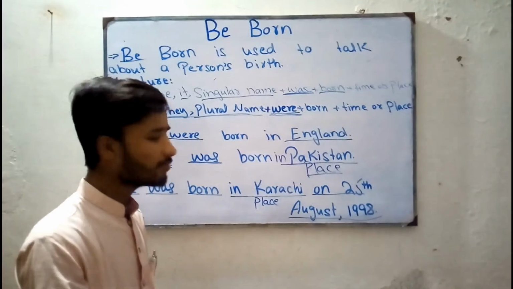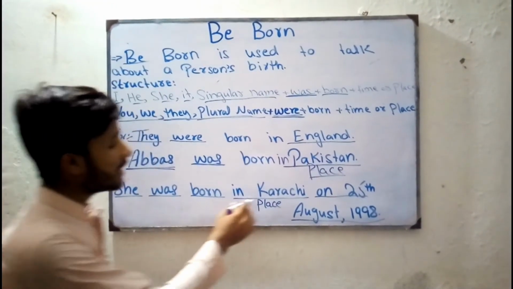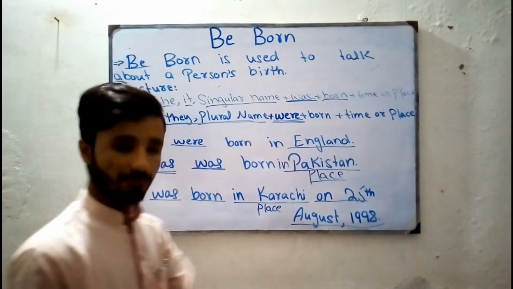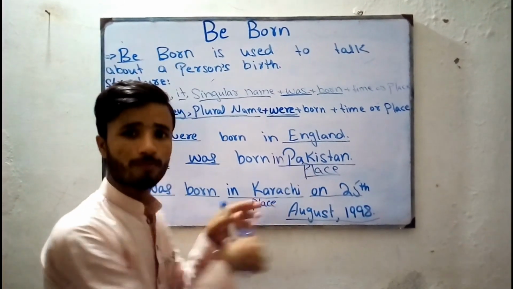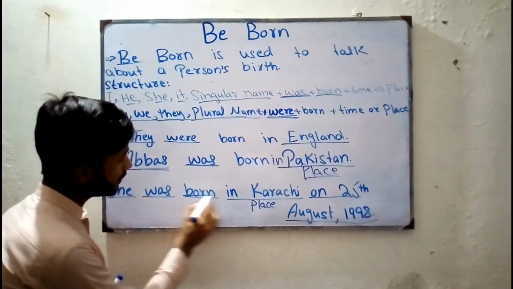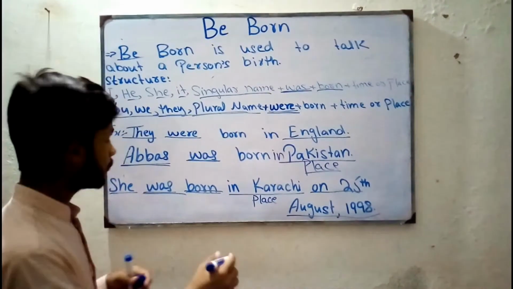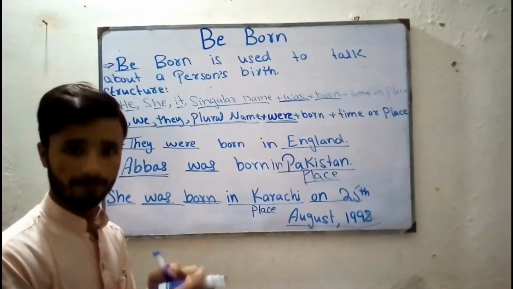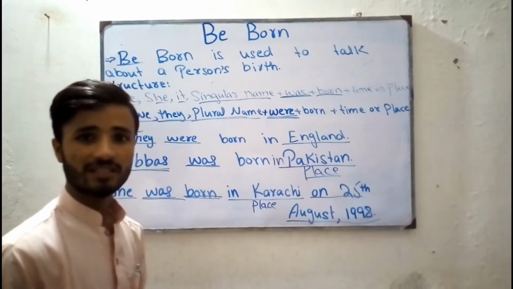So I also came to know about her birth time. So whenever we want to know about someone's birthplace or birth time, then we have to go for be born, right? Be means was, were. You have to put was or were according to the pronoun in place of be. So she was born in Karachi on 25th August 1998.